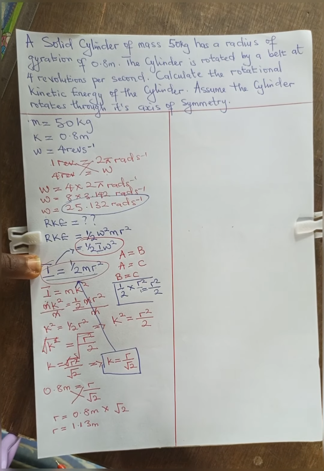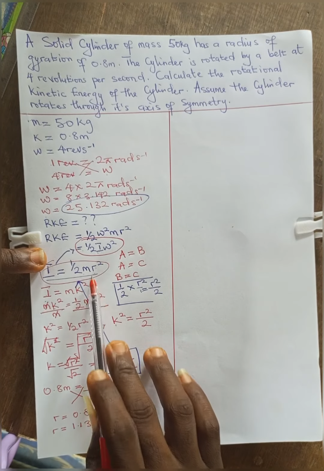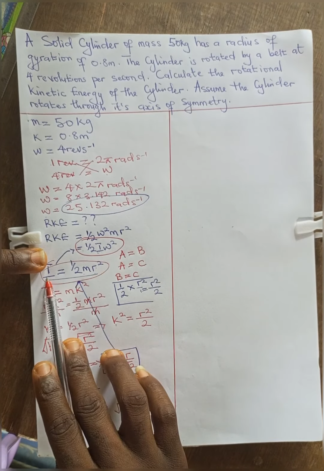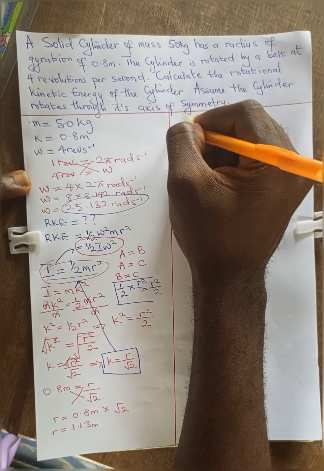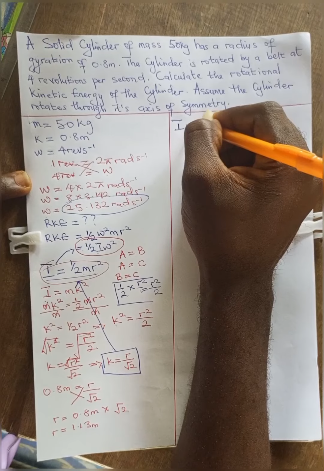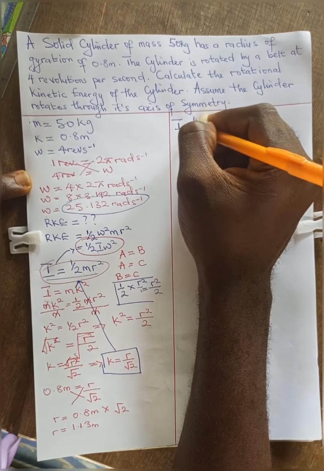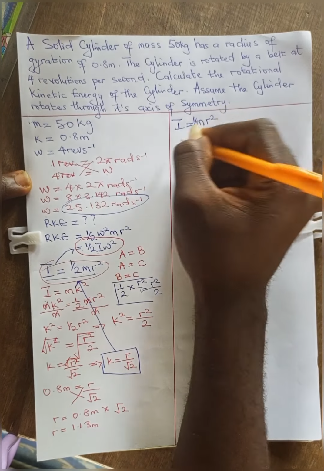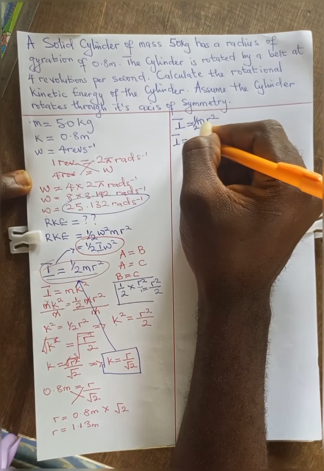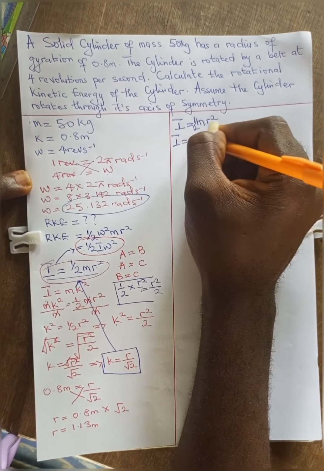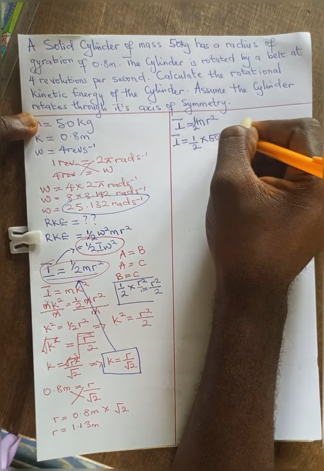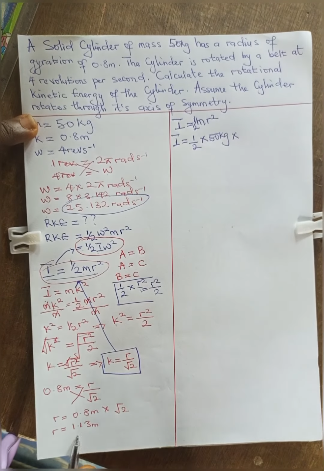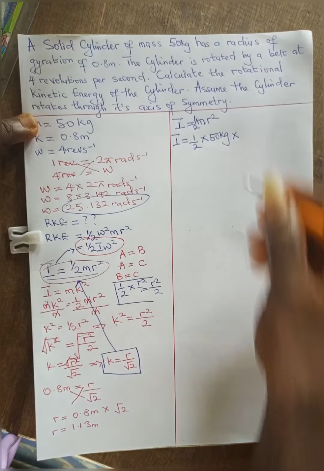So we need to come back to this place here, come back here to put our radius in here, so that we go fit get our moment of inertia. So make we come back to I equals half mr square. So I go dey equals to half, the mass na 50 kg multiplied by the radius wey we just calculate now na 1.13.